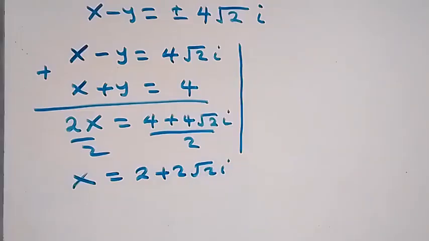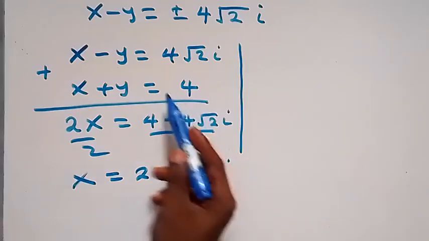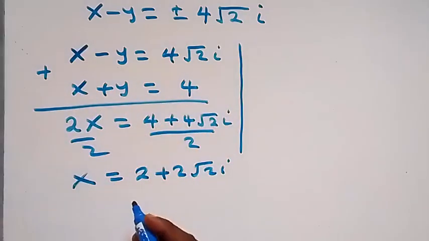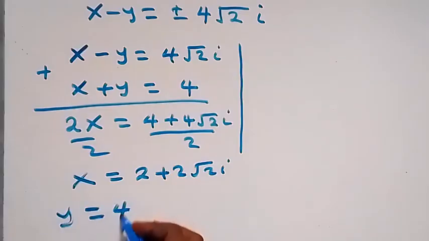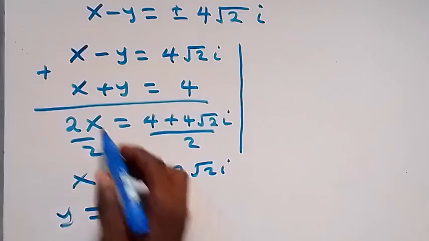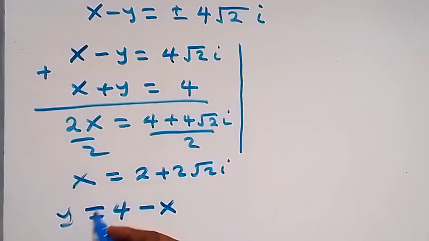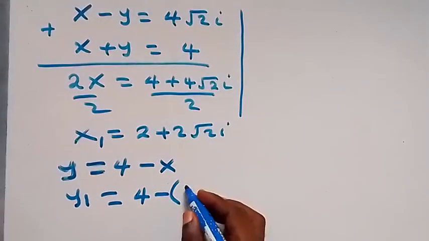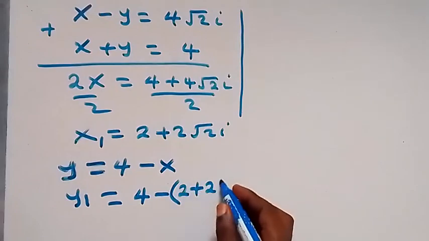And also we can get the corresponding value of y from the same equation 1, that is this equation. We can say y then will now be equals to 4 minus x when we take x to this side. So then, if this is x1, then y1 from here will then be equals to 4 minus open bracket 2 plus 2 root 2i.